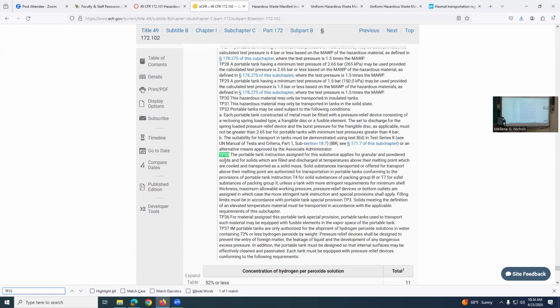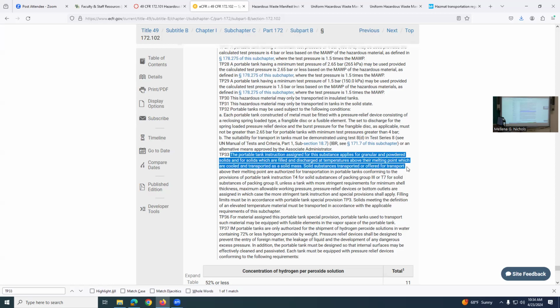TP33. And when we go to that paragraph, it says, the portable tank instructions assigned for this substance apply for granular and powdered solids and for solids which are filled and discharged at temperatures above their melting point, which are cooled and transported as a solid mass.